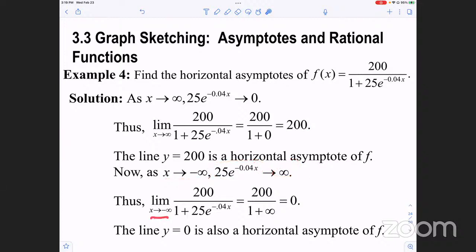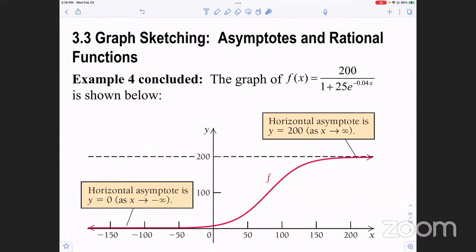So the limit as x goes to negative infinity of f of x is going to be 200 over 1 plus infinity. A fixed number over a really large number is zero. Zero is also a horizontal asymptote. So we just consider it going to the far right and going to the far left. And here's a graphical representation of this. Much faster than I anticipated.